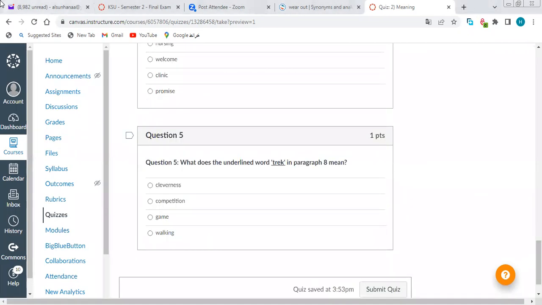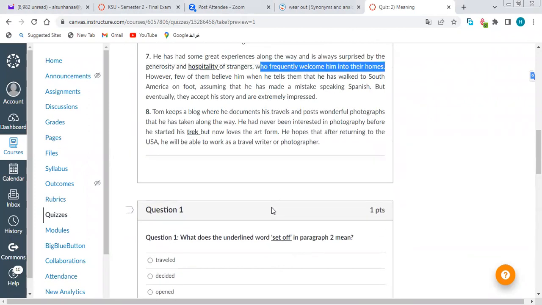Last one. What does the underlined word trek in paragraph 8 mean? Cleverness, competition, game, or walking?